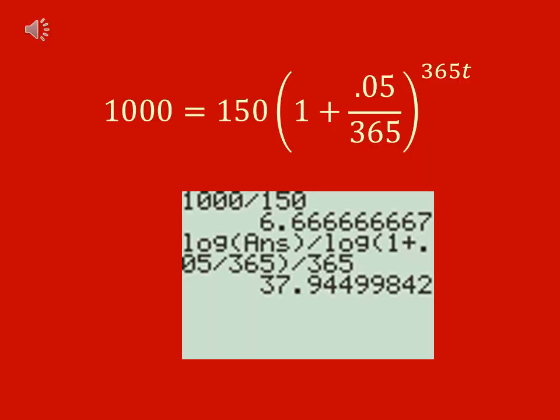And then to solve the problem, what we're going to do is start by taking 1,000 divided by 150. We'll do the log of that divided by the log of the parentheses, 1 plus 0.05 over 365. And finally, we divide by the number in the exponent, 365 again. Here we get just less than 38 years.